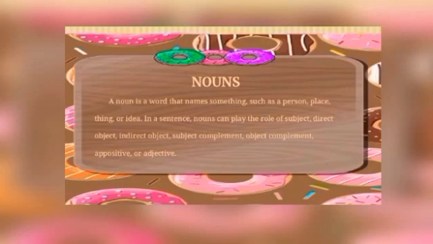In a sentence, nouns can play the role of a subject, direct object, indirect object, subject complement, object complement, appositive or adjective.